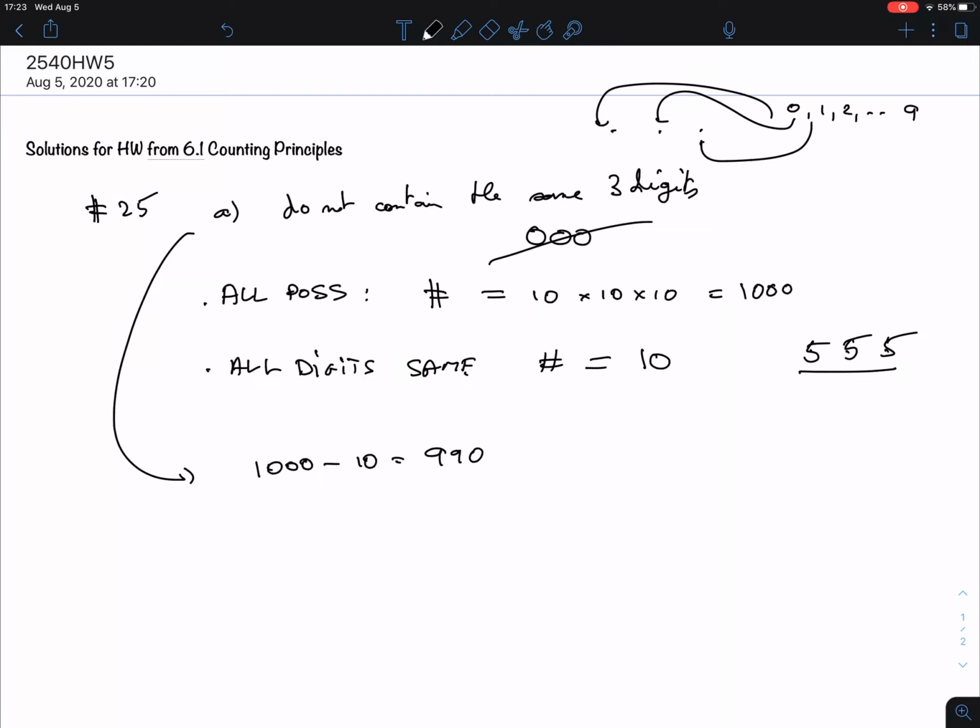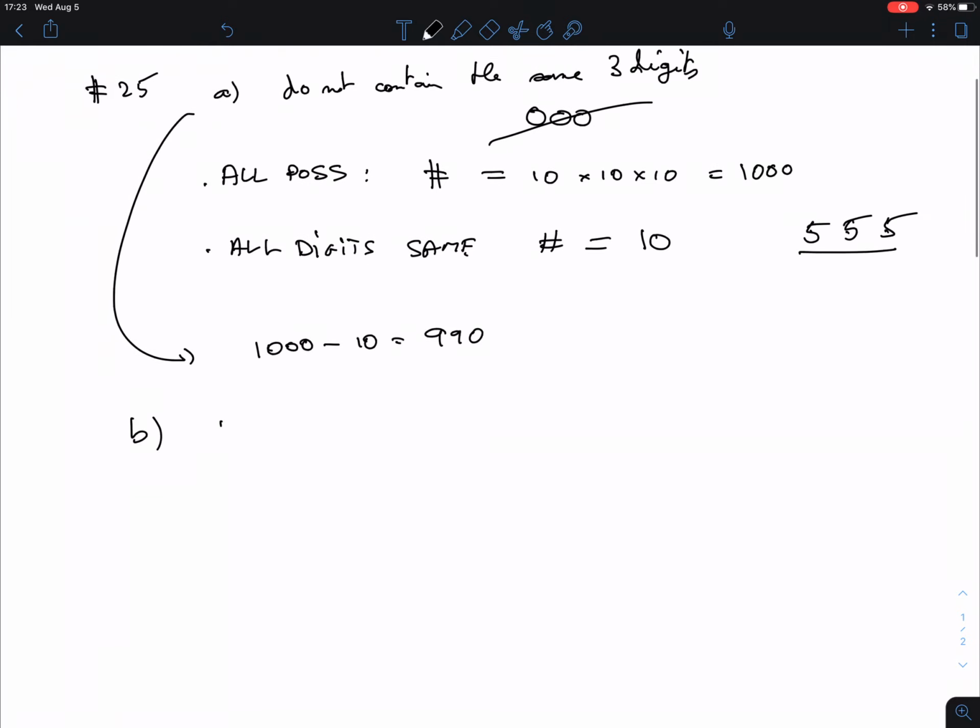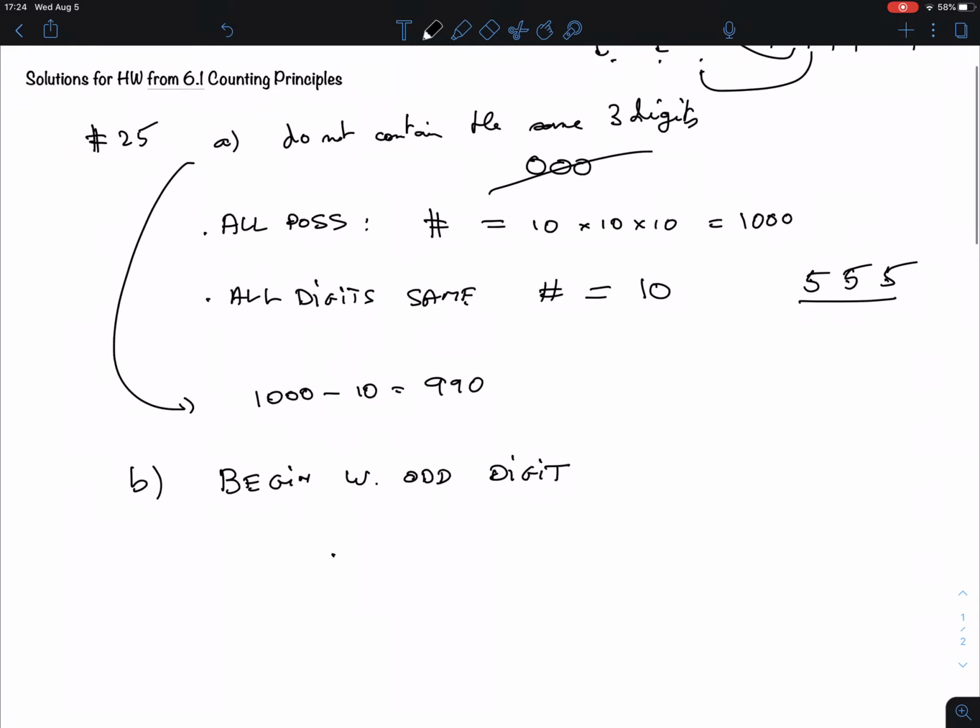Then question B is: begin with an odd digit. Always try to solve this by asking how would I make a number that satisfies this? What procedure would I follow? It's actually rather simple. I have to begin with an odd digit.